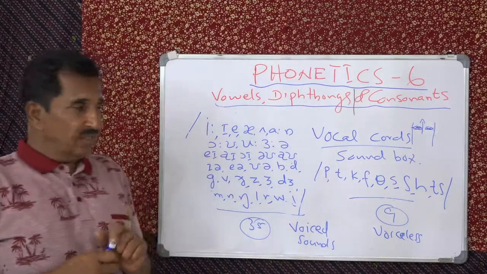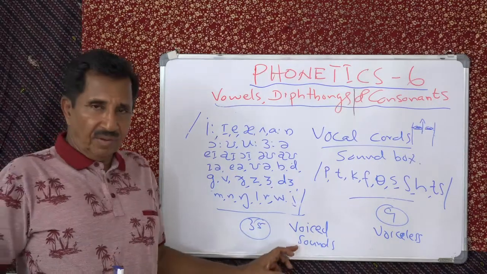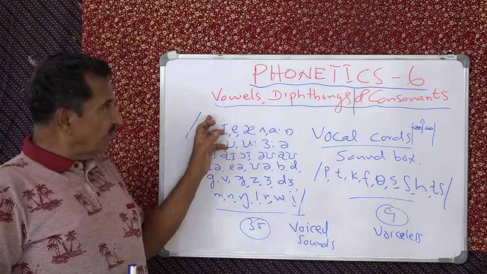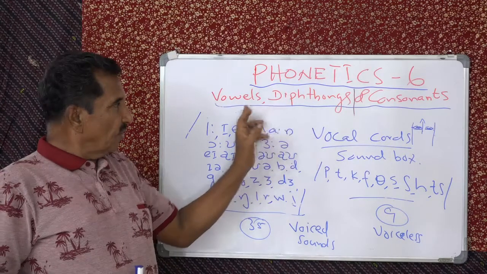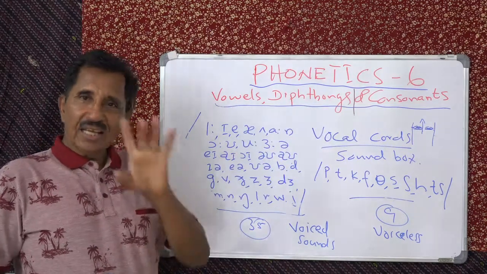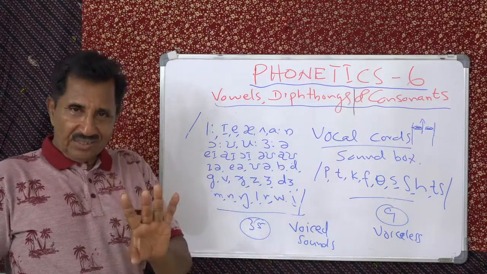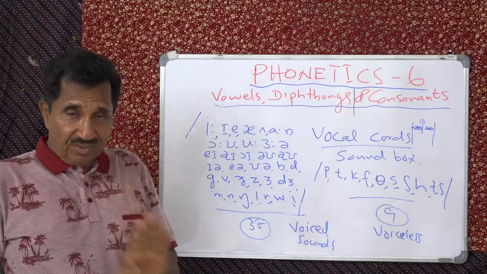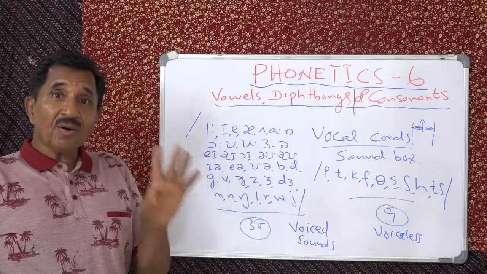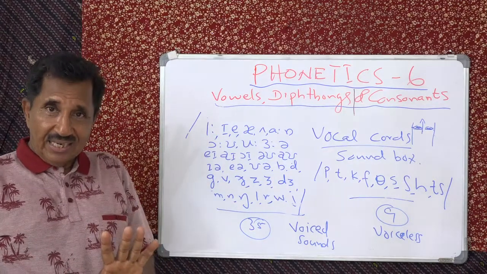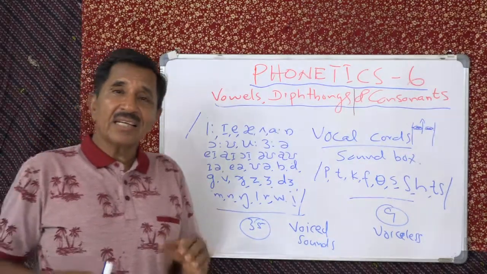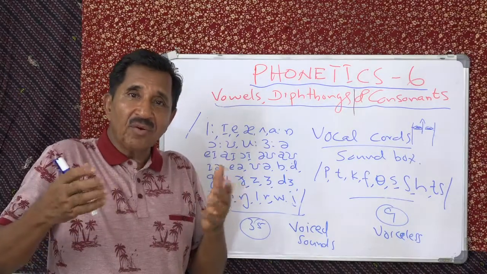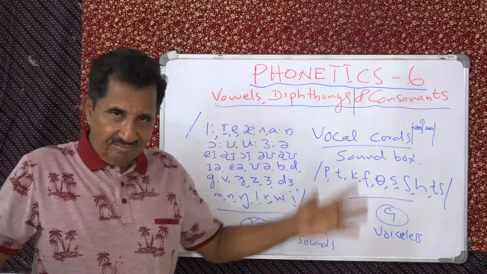Voiced sound means the vocal cords vibrate. So if you give a definition to vowels and diphthongs, you can say vowels and diphthongs are speech sounds in the production of which the vocal cords vibrate and the airstream flows freely.